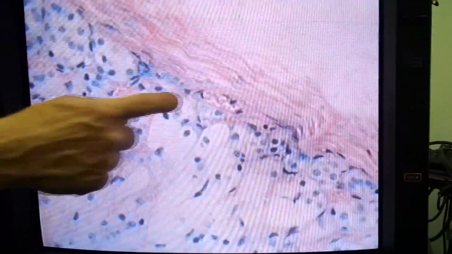In the glomerulosa, you have these big, roundish bundles of cells. But in this particular slice, the fasciculata starts very close to the capsule. This is already fasciculata because you can see the orientation of the cells.